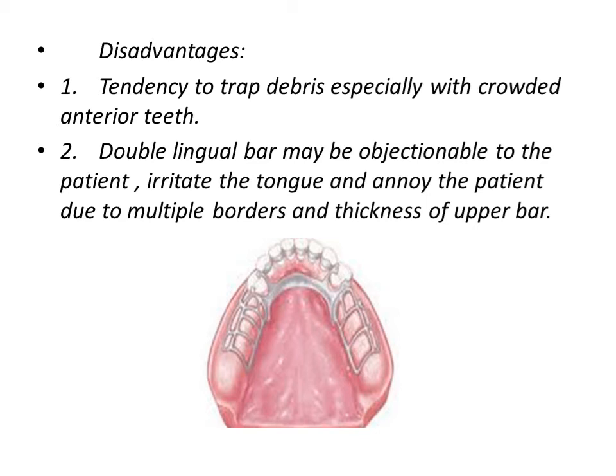Number two, the double lingual bar may be objectionable to the patient, irritate the tongue, and annoy the patient due to multiple borders and thickness of the upper bar. We said the simpler the design, the more comfortable it is for the patient. This type is not considered simple because it combines two types of bars.